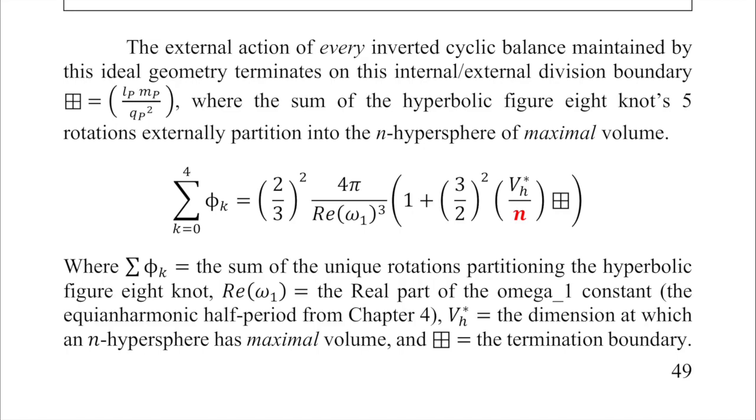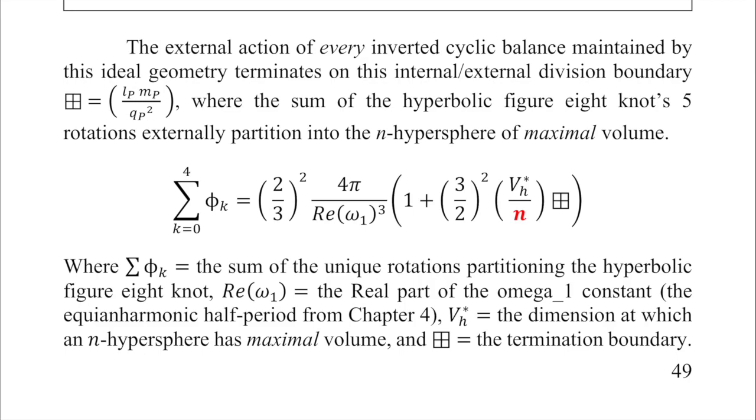But instead of being the minimum possible volume partition, this defines the maximal volume partition, the n hypersphere. So out of all the possible dimensions you could select for the n hypersphere in order to increase its volume, the maximal possible volume defines the counter construction of the minimum possible volume complement of the hyperbolic figure-8 knot.